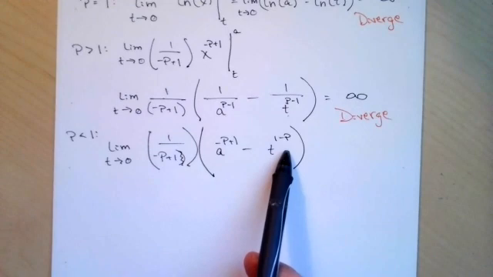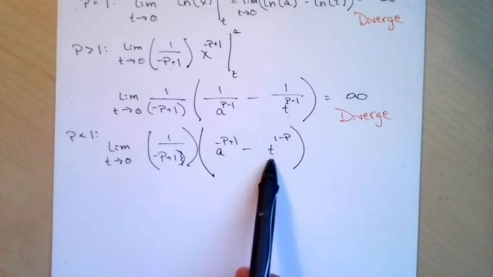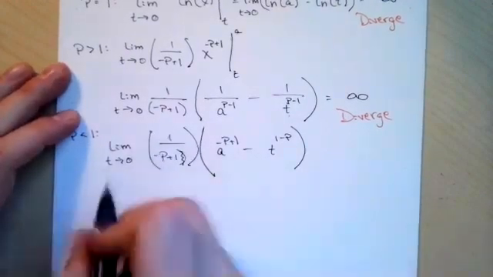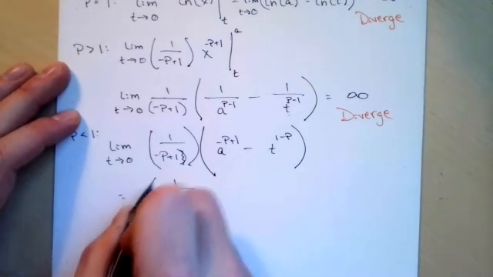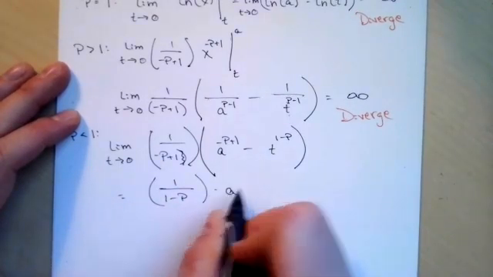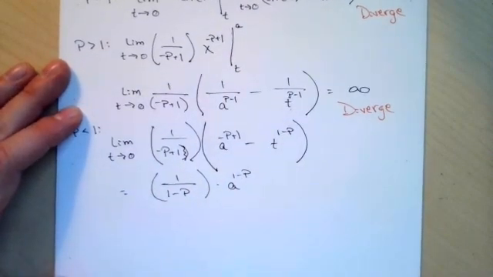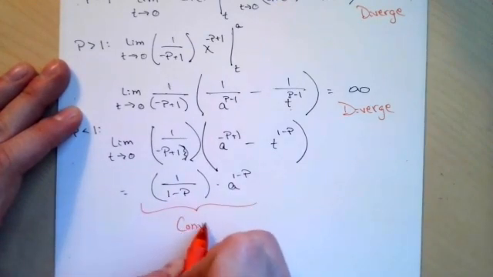It's positive. p could be a half, a third, 2/3. And when I plug in 0 now, it's just going to be 0 to the 1/2. And so what are we going to get? 1 over 1 minus p times a to the 1 minus p, and of course minus 0. So in this case, we converge.